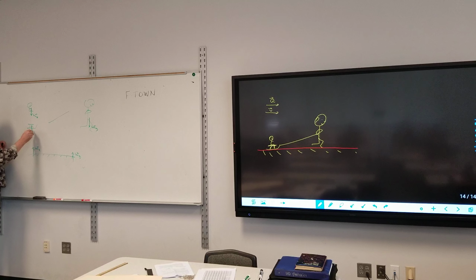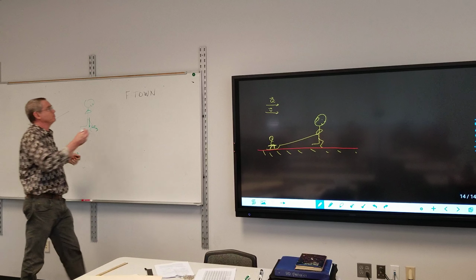Down and to the ground and then up to the ground. Okay. The rope is ideal, so it has no mass, therefore no weight. And that's it. Weight, we're done.